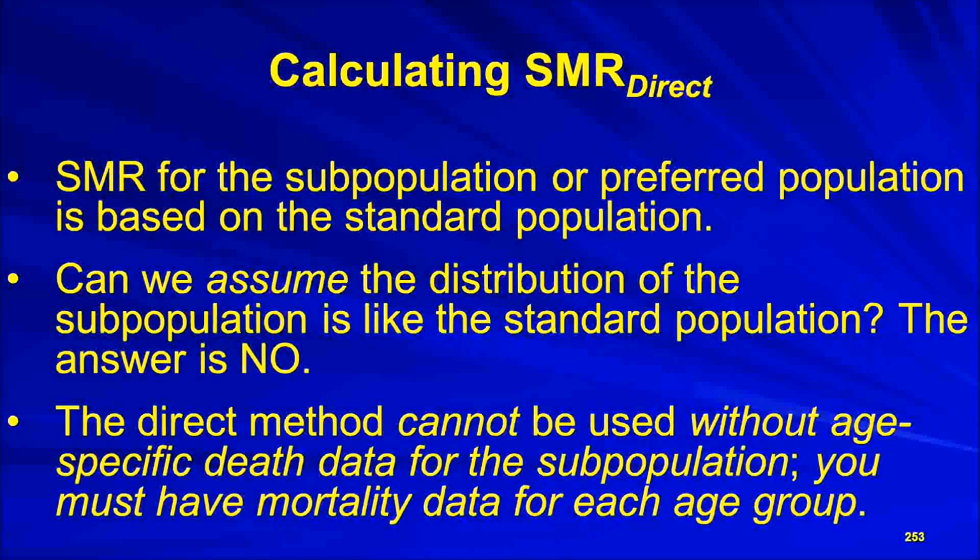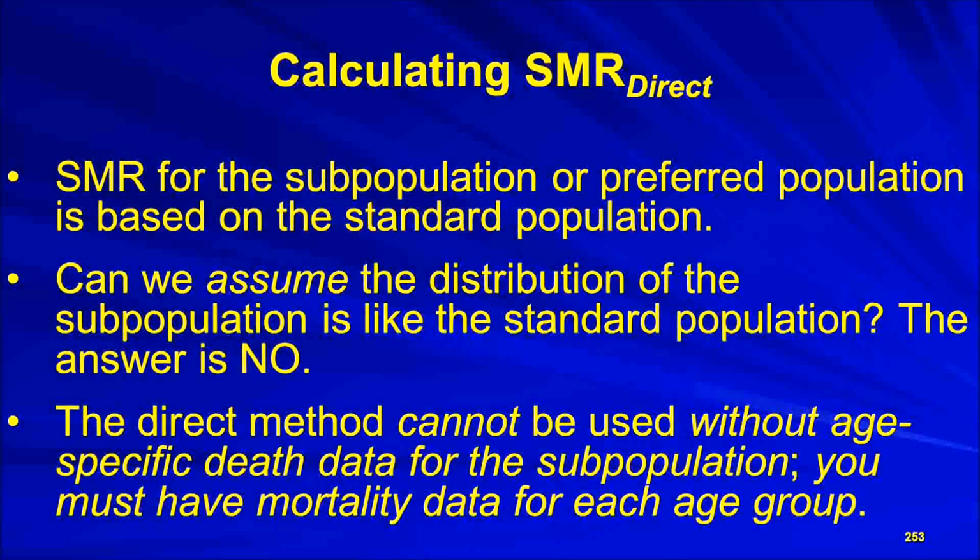Because it's the best estimate of the true distribution of the population, because it's taking into account every city, every county, every state in the nation, and so the data that are collected for an age-specific group are going to be the most representative of the U.S. population, where if you take one city, that data may not be representative at all.